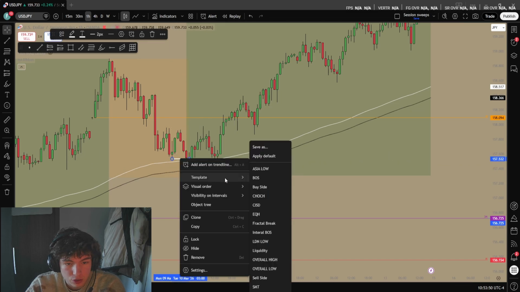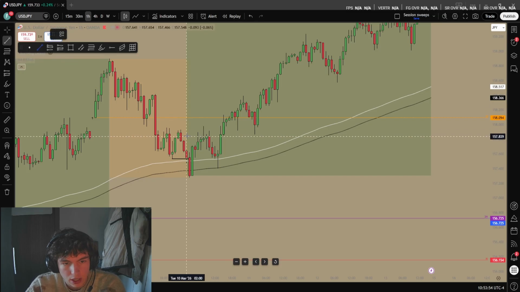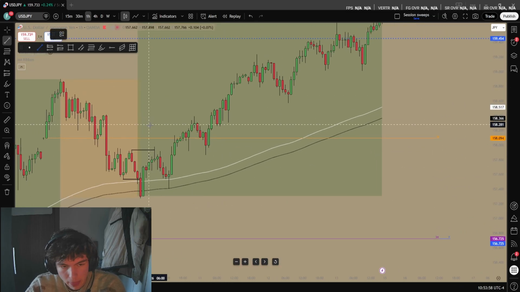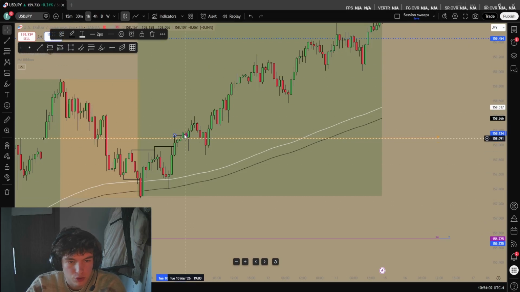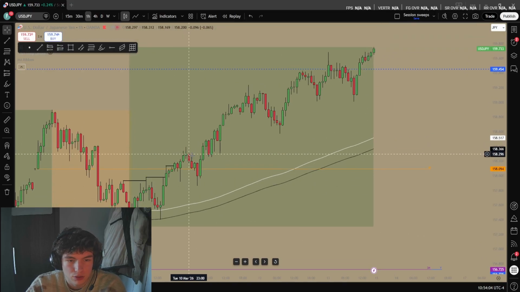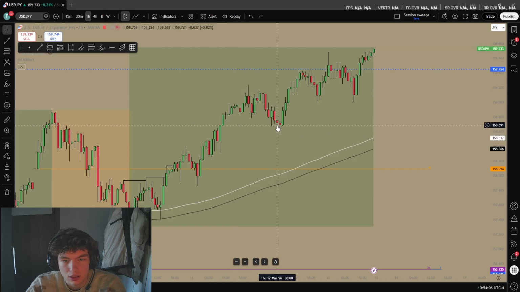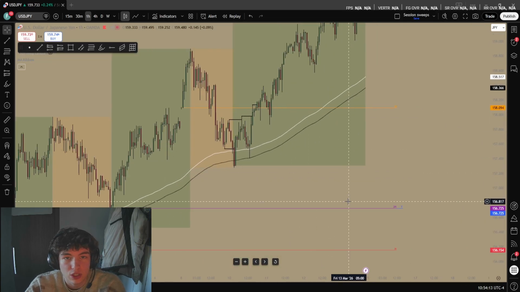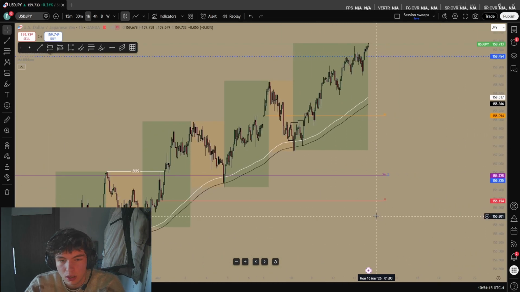We see a fractal structure shift in towards the downside, or a fractal break of structure. And we see a fractal change of character in towards the upside. And then we continue in towards the upside, creating this fractal structure. Right? This fractal structure will be, for the most part, aligned with the swing structure.